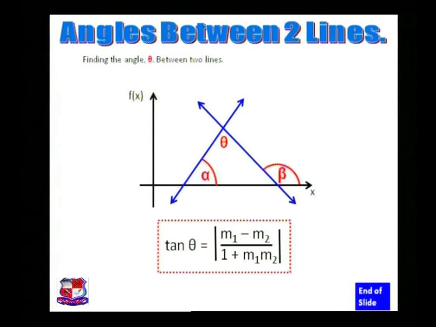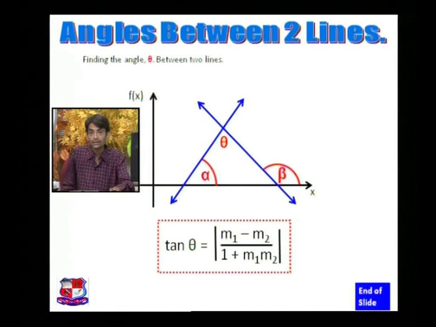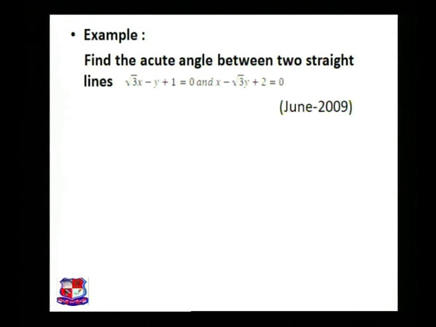If the angle between the two lines is theta, then tan theta equals, in modulus, (m1 minus m2) upon (1 plus m1 into m2). Using this formula we can also find the equation of any required line. So let us look at one more example, which is based on the angle between two lines.